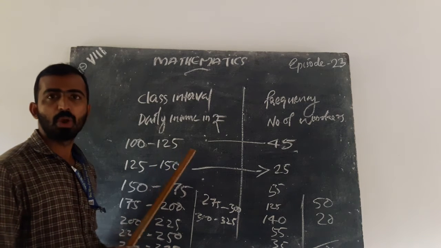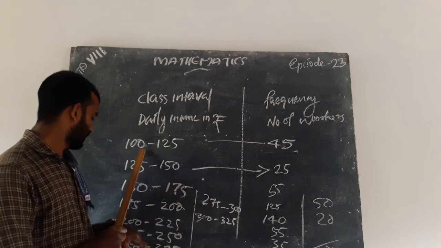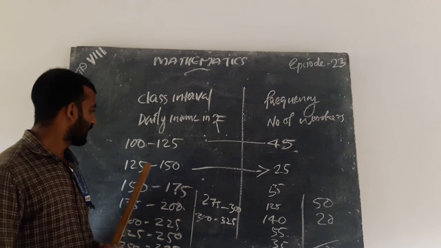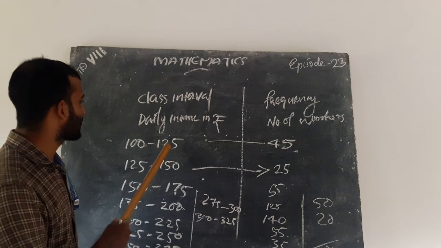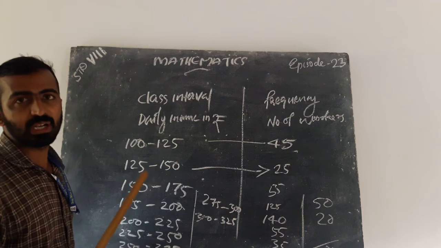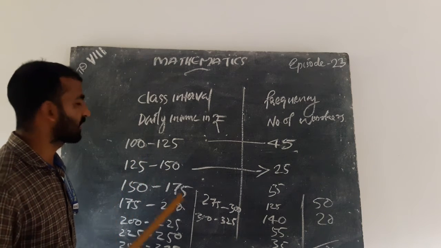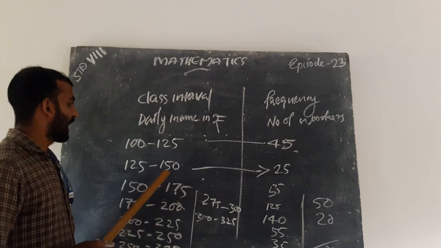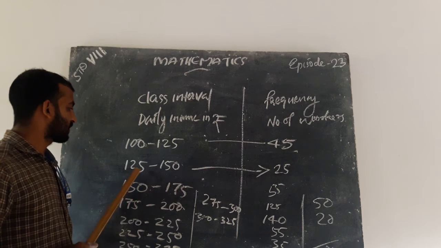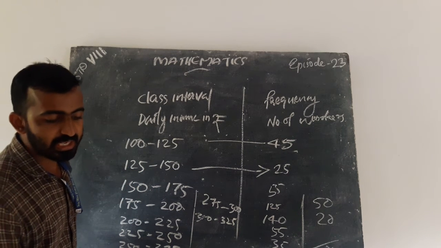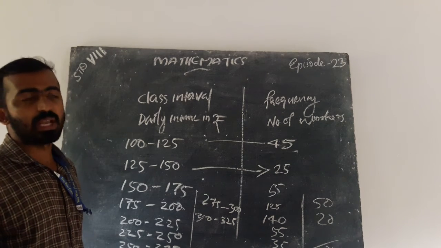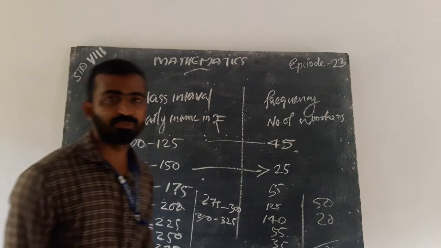Here the upper limit is 125 and lower is 100, and here is 150 and 125. When we take the difference, 125 minus 100, we get 25, and 150 minus 125 is also 25. That is, the size of class interval is 25.